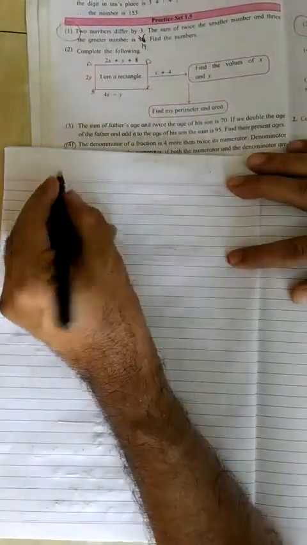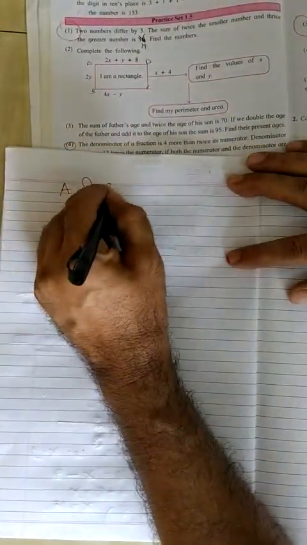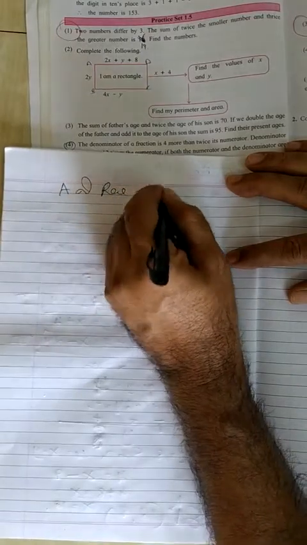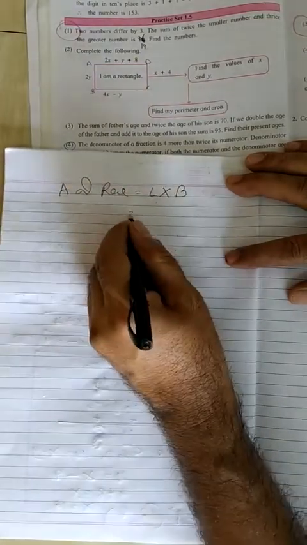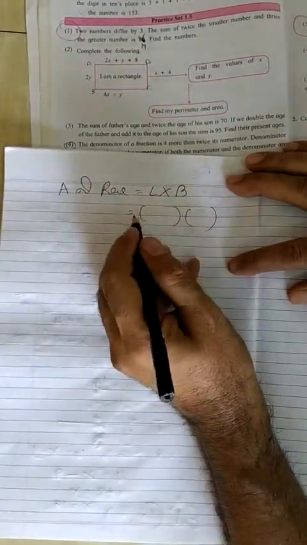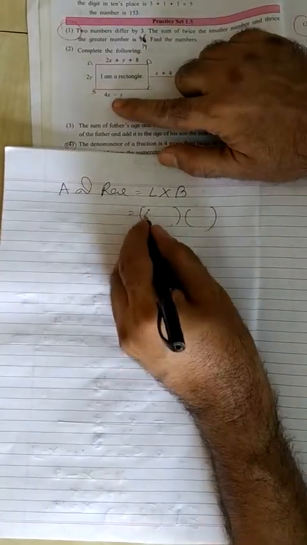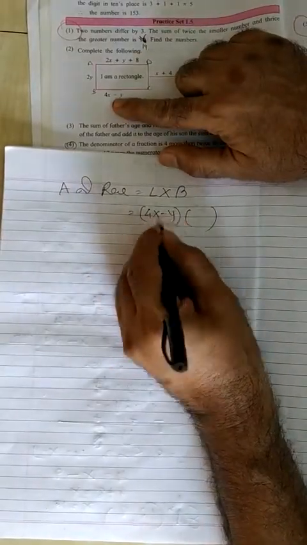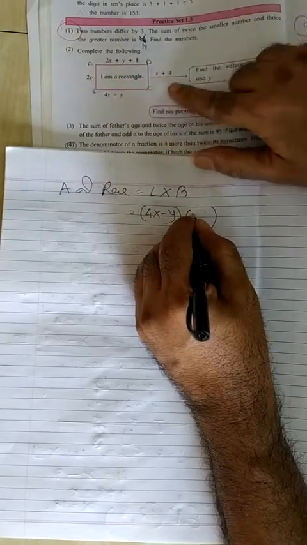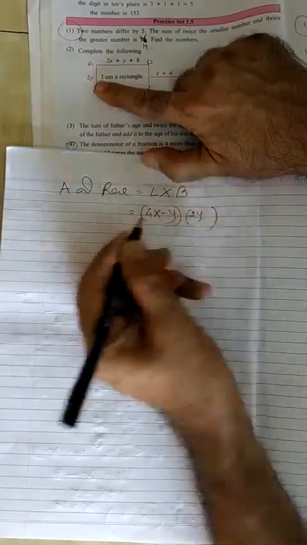And now we want the area of the rectangle, which is equal to length into breadth. What is length? What is breadth? Length is 4x minus y. Breadth is 2y.